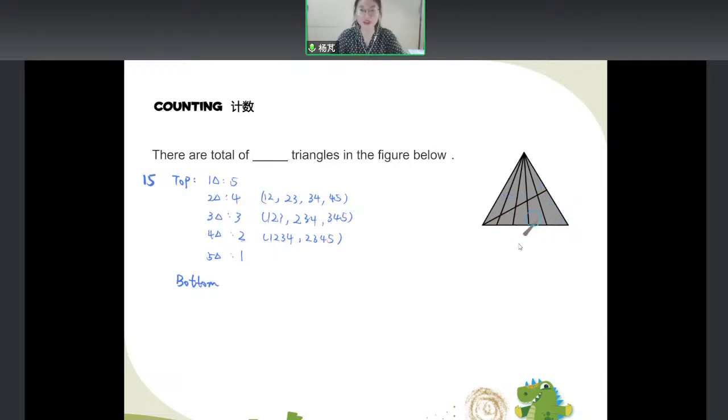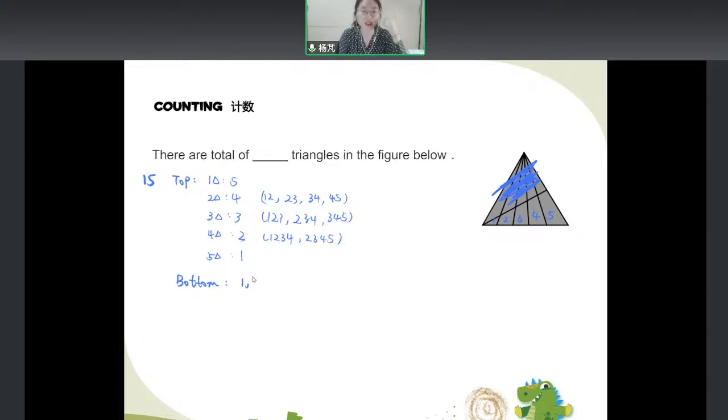Okay, in the bottom we will find there are 1, 2, 3, 4, 5 parts. Do not look at what happened on the top. Now let's take a look. We know the smallest one is 1, but this time part 2 is not a triangle by itself. So 1 is one triangle.